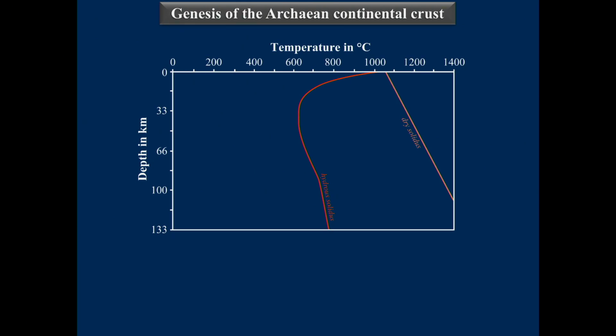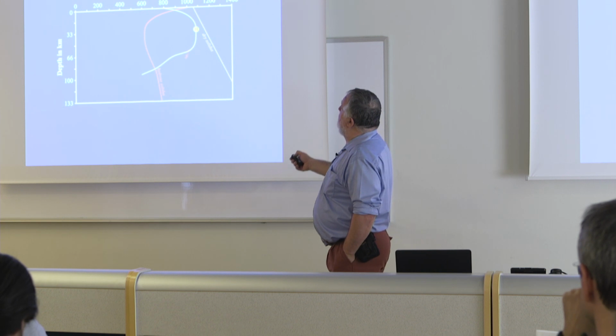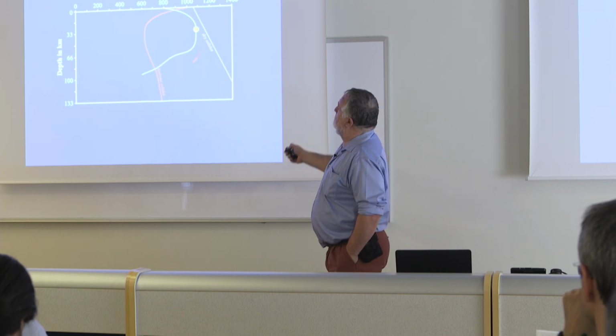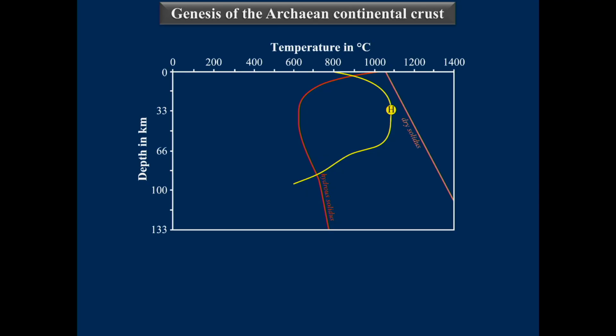Here is a domain of stability of amphibole. Here is a domain of stability of garnet. So the place here is a place where we can melt a basalt in presence of water when we have amphibole and garnet in the residue. So that means that the TTG are produced somewhere in this condition of temperature and pressure.